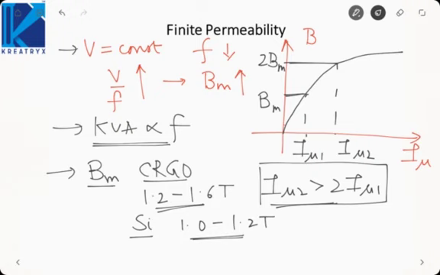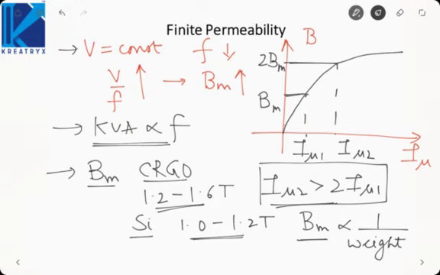Now the thing that you must remember, Bm is inversely proportional to the weight of the transformer. The higher the magnetic flux density, the lower is the weight of the transformer. That is what you must always remember. Secondly, at high frequencies, the size and the weight of the transformer will also reduce.